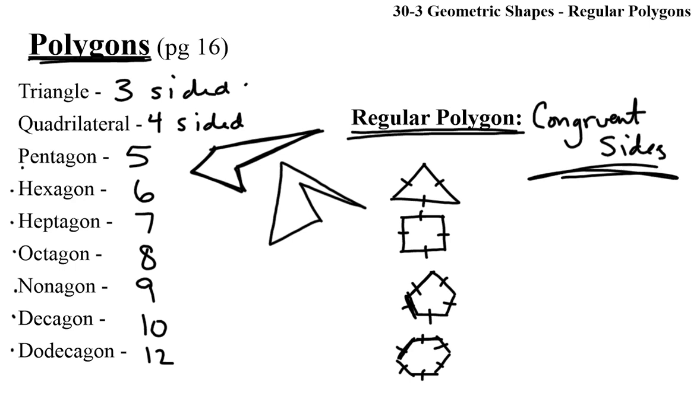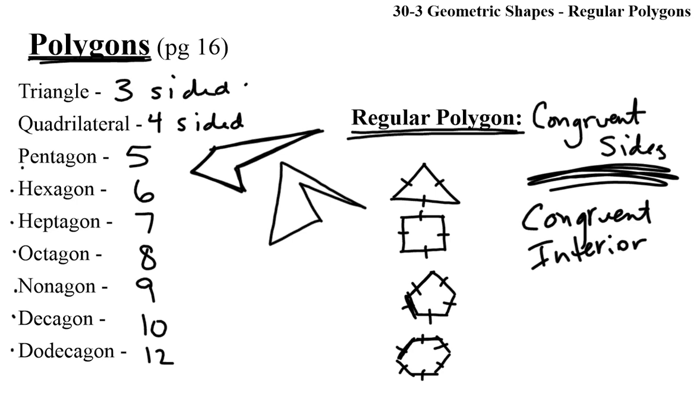But not only do we get congruent sides, we also get congruent interior angles. And that's what we're going to focus on a lot, the calculations of the angles. So the angles in a square, we know, are all 90 degrees, because if I have all the sides the same, the angles are the same.